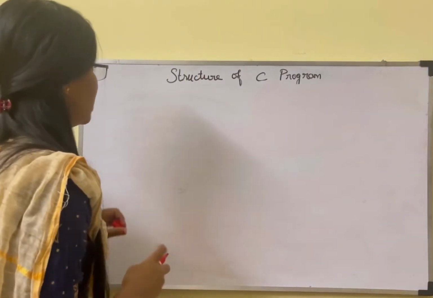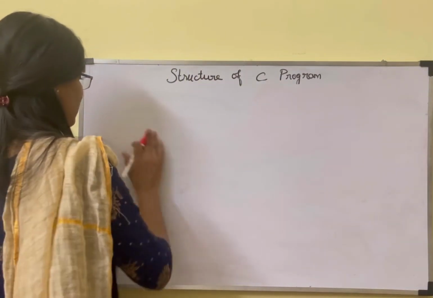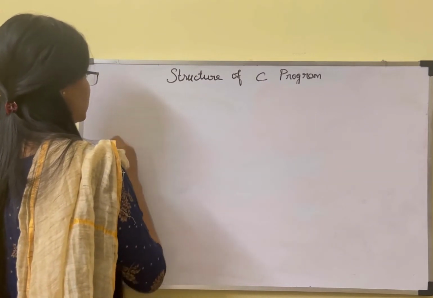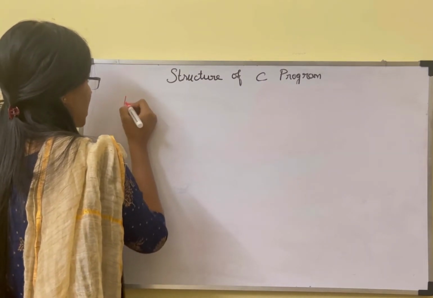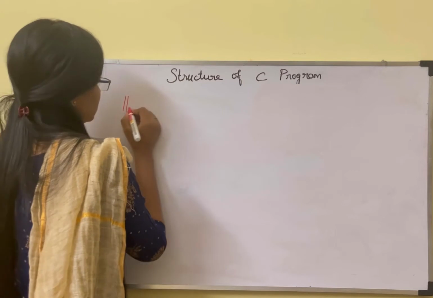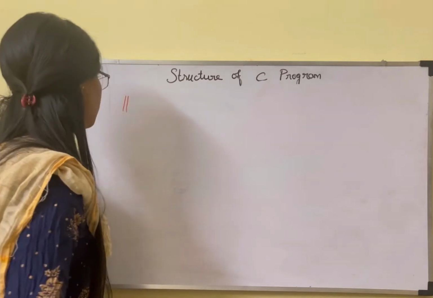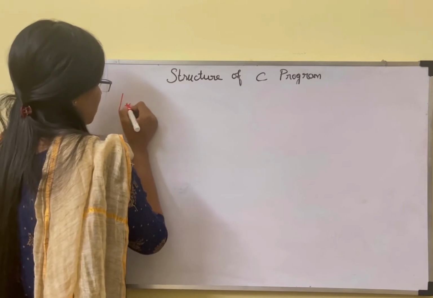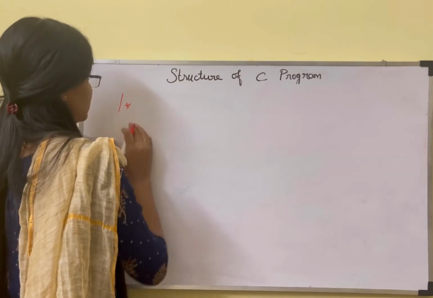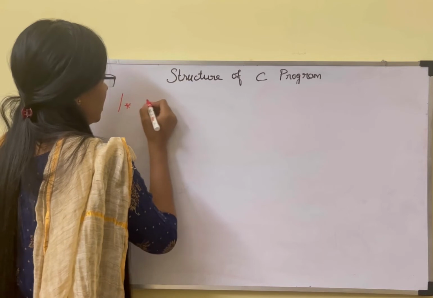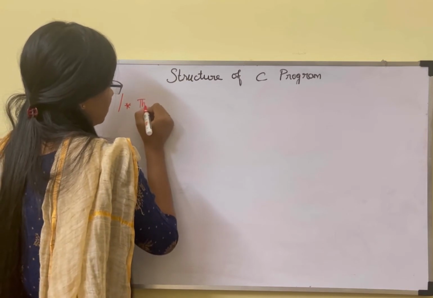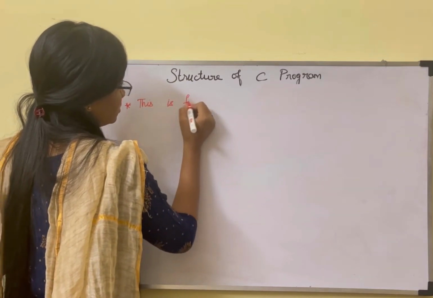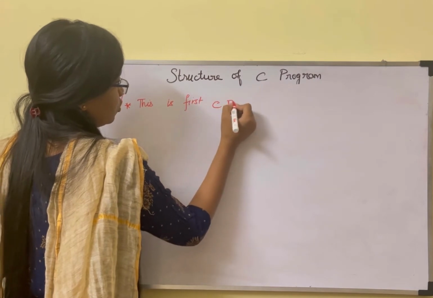Okay, with the contents we have seen previously, let's try to write a simple program. Now I am going to start writing a program. This is the documentation section, which is optional, and I will write here: this is the first C program.